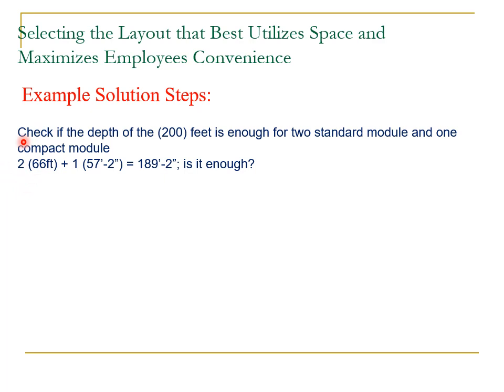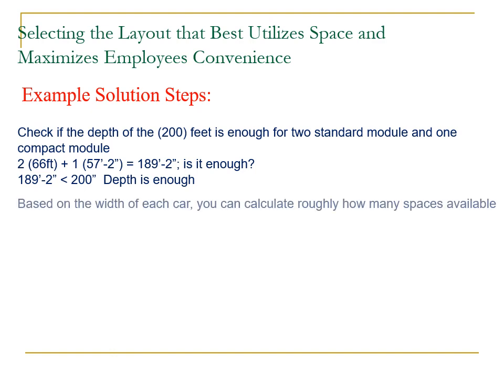And since we are planning to have 2 standard modules, we multiply this number by 2 and add it to compact modules so that the necessary space is 189 feet 2 inches, which is less than 200. So we say that we can accommodate 2 standard modules and 1 compact module into these 200 feet. Okay, then this is the depth.